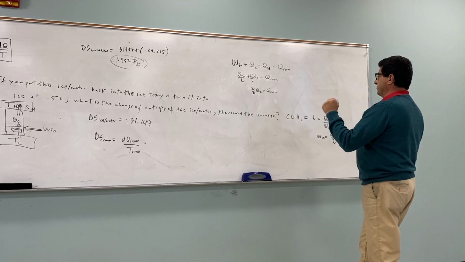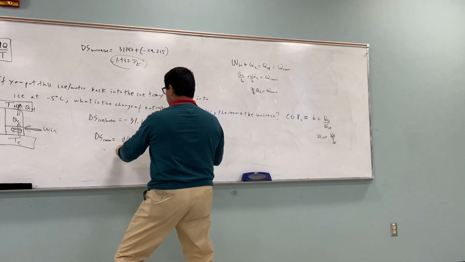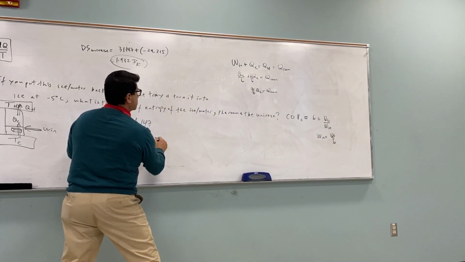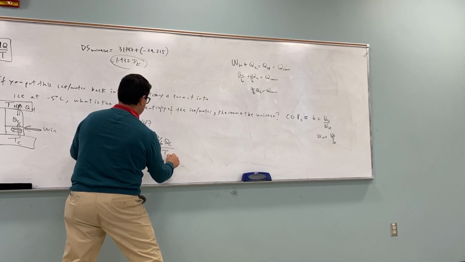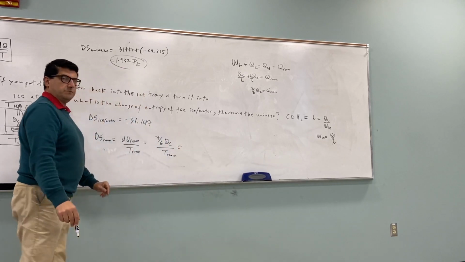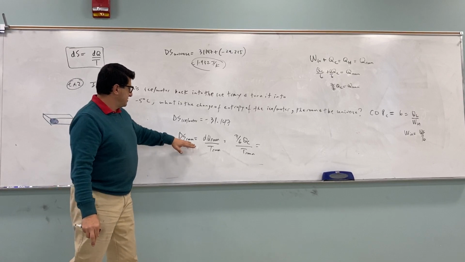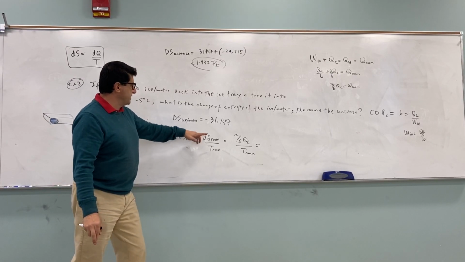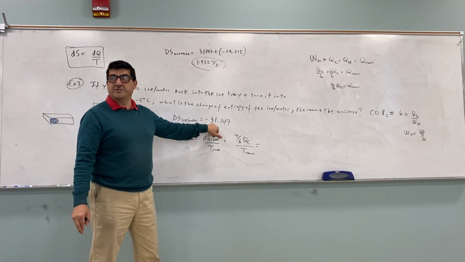Okay, where are we now? What's the final thing? Q room is going to equal 7/6 of QC over the temperature of the room. If I do this correctly, what should happen? The change in entropy of the room should be a positive number and should be larger than negative 31.